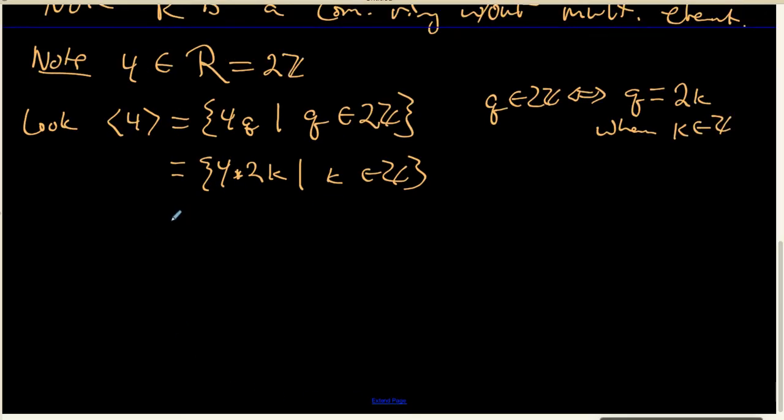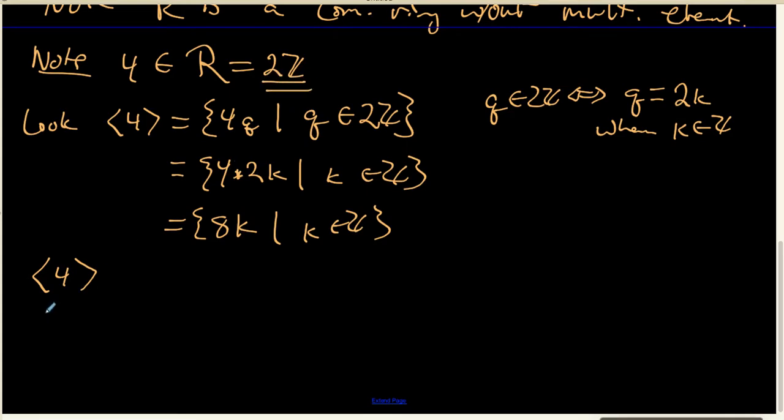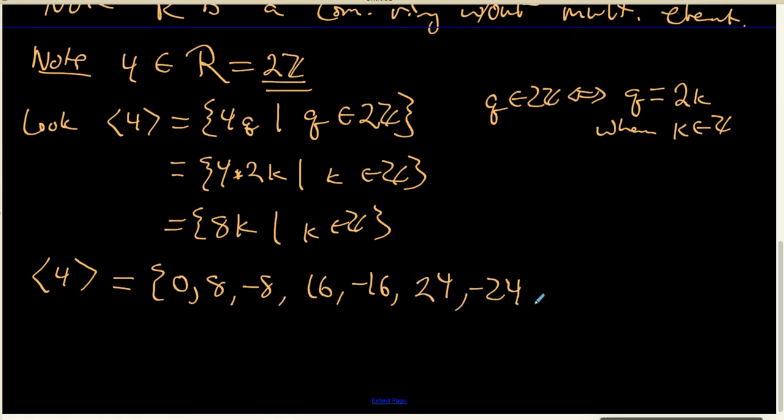And if I think about that, that's going to be the set of 8k's, where k is pulled from the integers. In other words, the principal subset in 2Z generated by 4 is going to be the set 0, 8, minus 8, 16, minus 16, 24, minus 24, 32, minus 32, and so on.